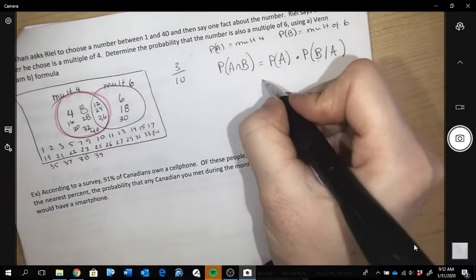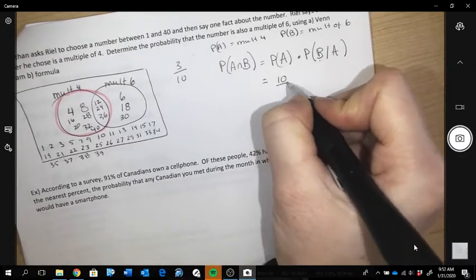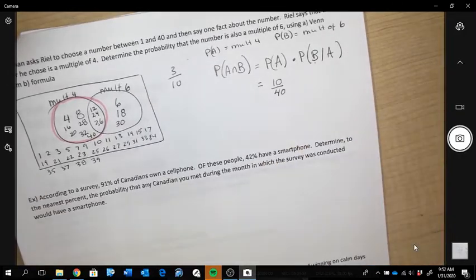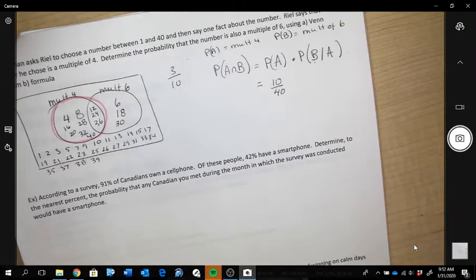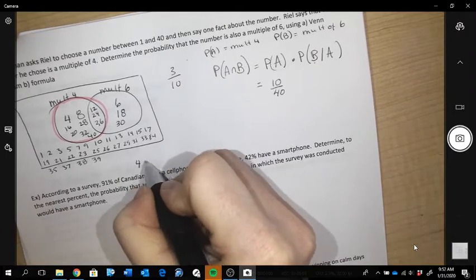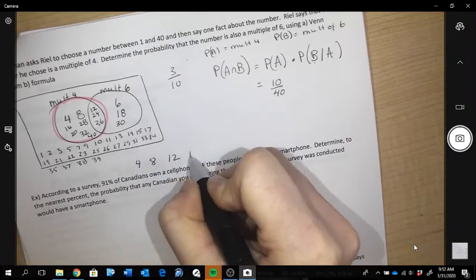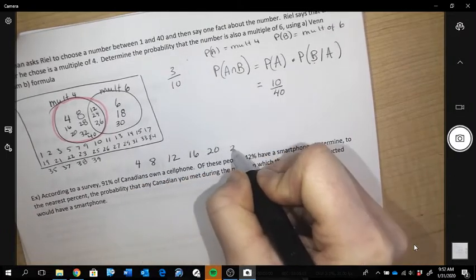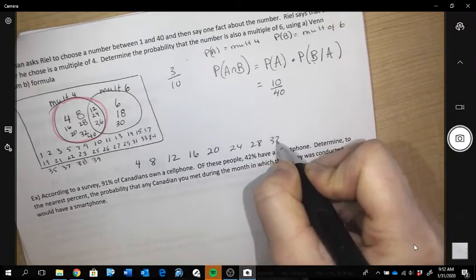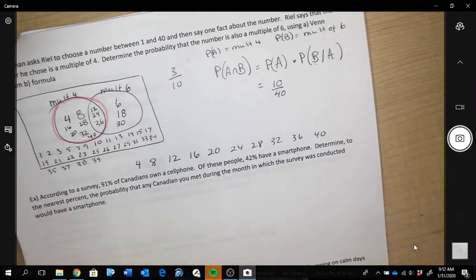Okay, so the probability of A, we knew there was 10 out of 40. Okay, so I'm just going to quickly go here. 4, 8, 12, 16, 20, 24, 28, 32, 36, and 40.